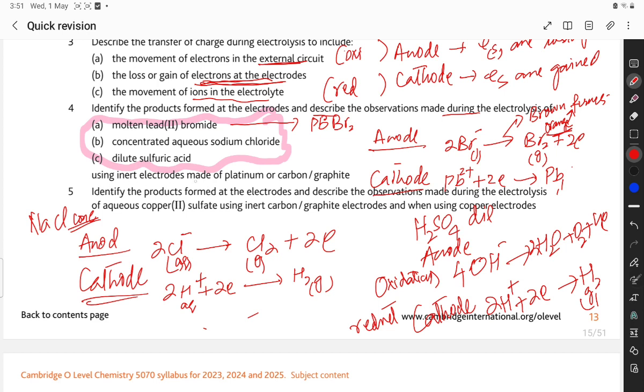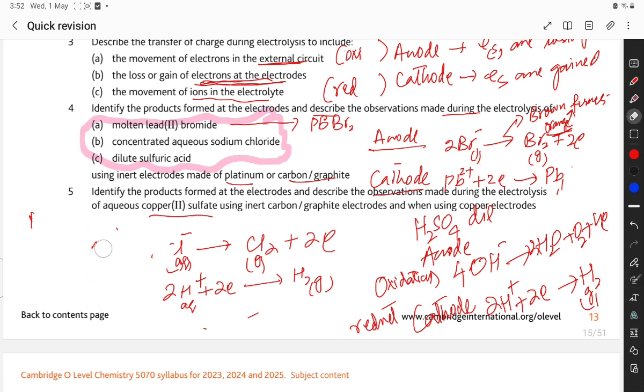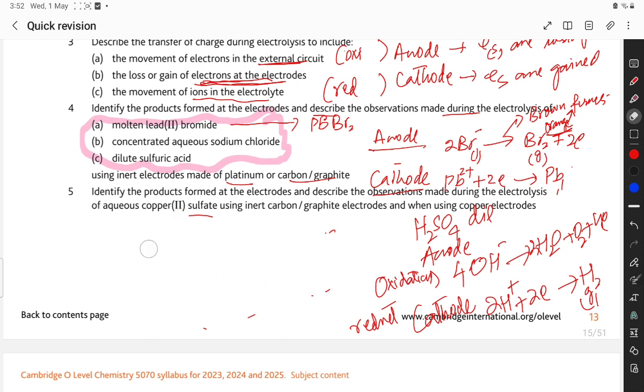Using inert electrodes made of platinum and carbon, identify the products formed at the electrodes and describe the observation made during the electrolysis of aqueous copper 2 sulfate. This is very important question, and this will definitely come in the exam in any context. This is copper sulfate with carbon.